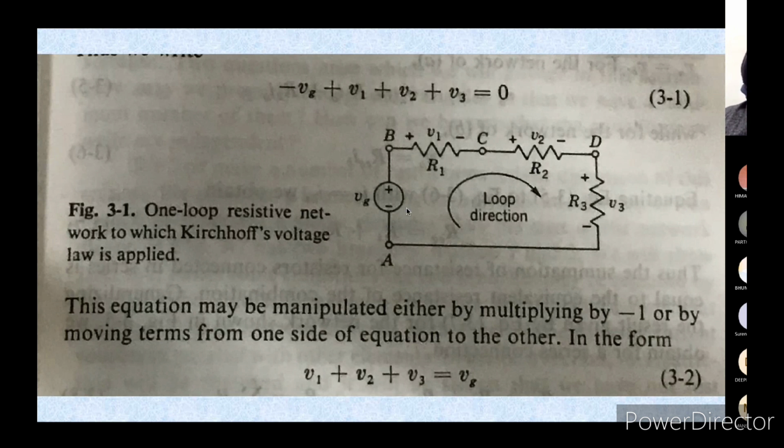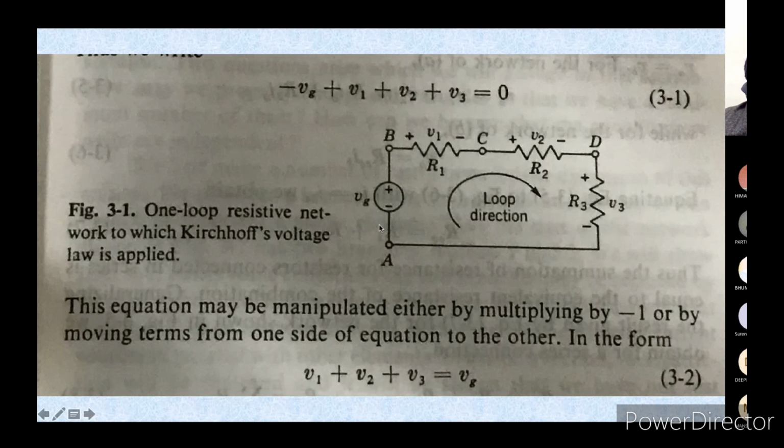If in a particular loop you consider this particular direction, I have taken an example: V1 across R1, V2 across R2, and V3 across R3. You consider positive to negative, okay, but when it comes to the source, it is from negative to positive. Therefore all the signs over here will be positive and this one will be negative, and the sum of all these four is equal to zero.